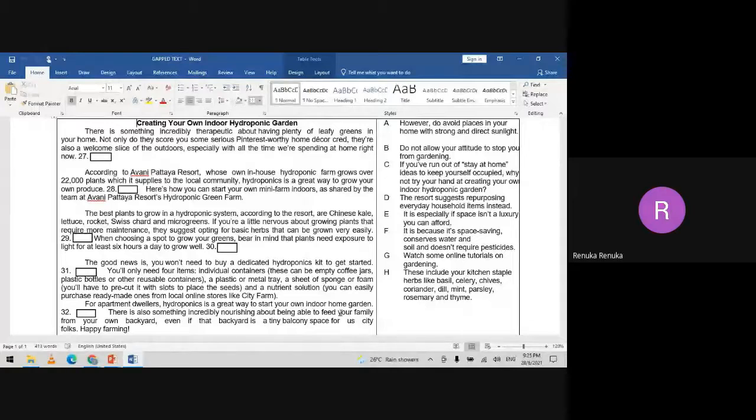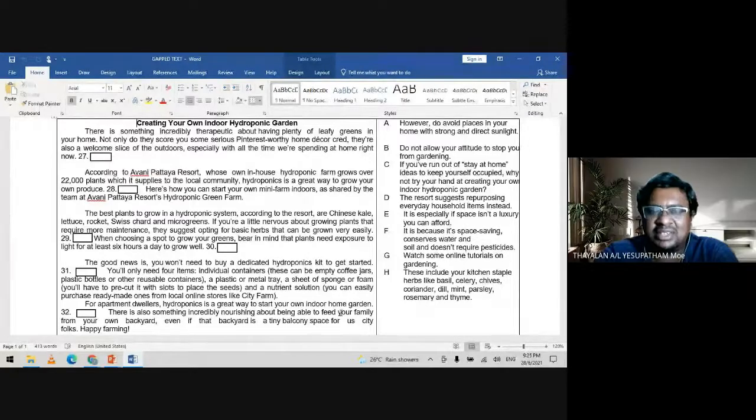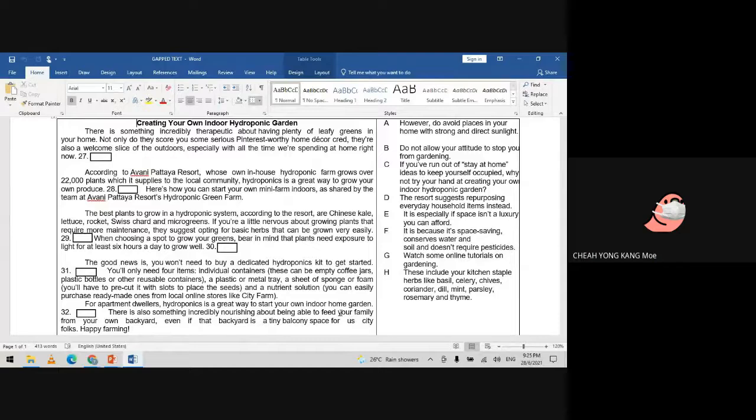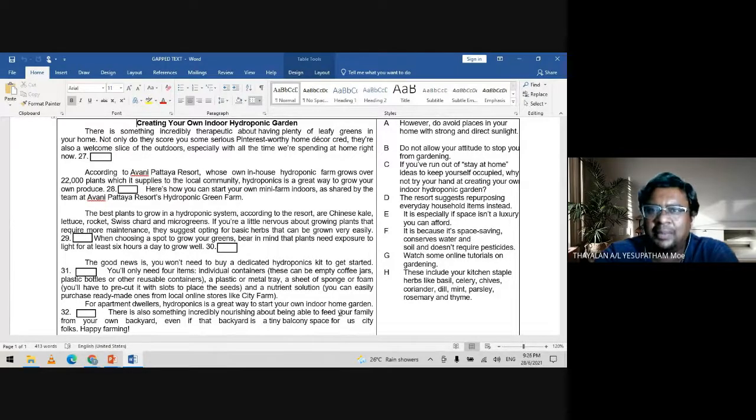A, sir. Look at the sentence before. When choosing a spot to grow your greens, bear in mind that plants need exposure to light, that refers to sunlight, for at least 6 hours a day to grow well. So the most appropriate answer is obviously A, isn't it?